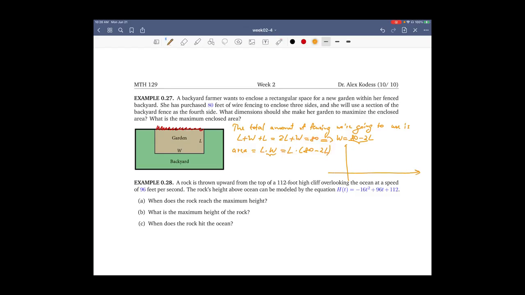opening downward. Roots are 0, and whatever L makes 80 minus 2L zero, clearly that's 40, so roots are 0 and 40, which immediately implies that the vertex is at the midpoint, which is 20.